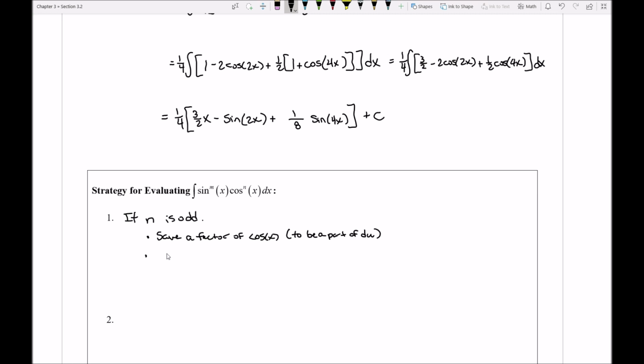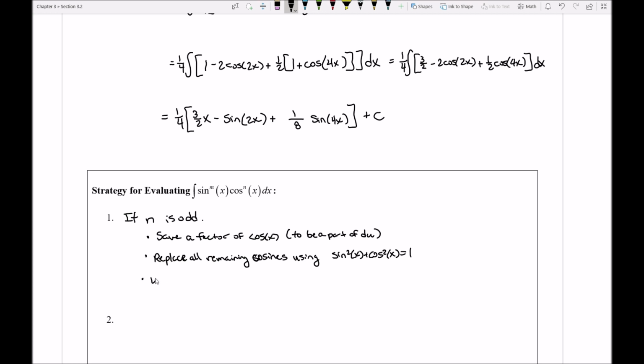I'm then going to replace all remaining cosines using our nice identity, sine squared of x plus cosine squared of x is equal to 1.